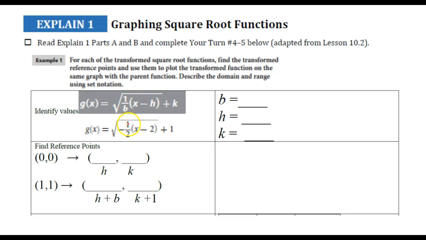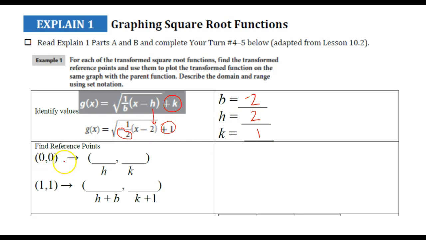So here I have 1 over -2, times x minus 2, plus k. So that would be plus 1.